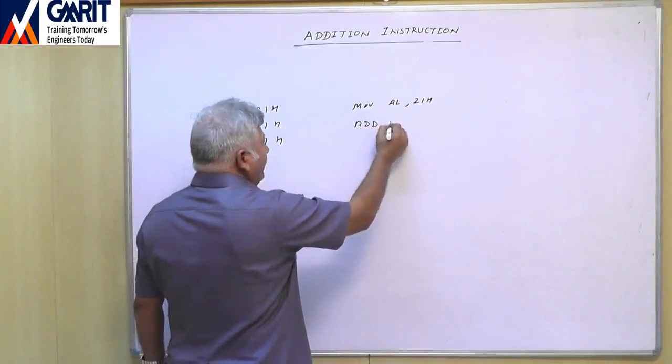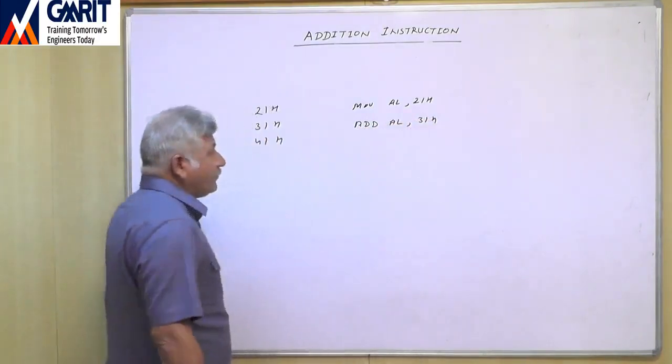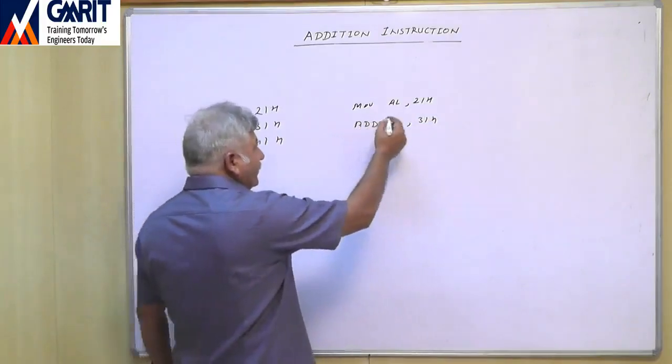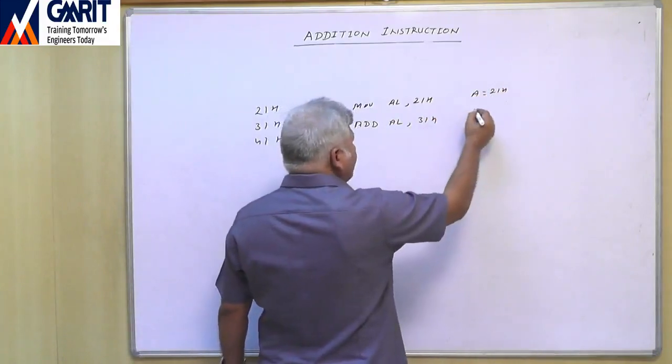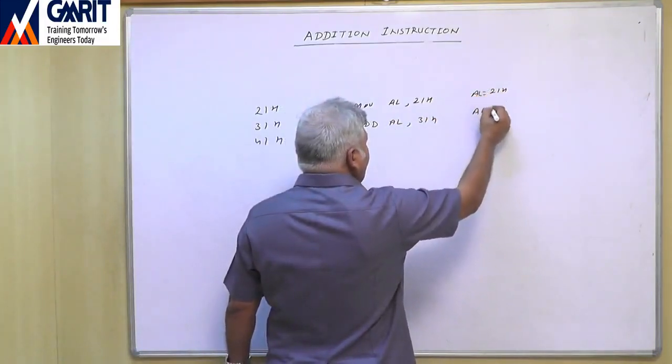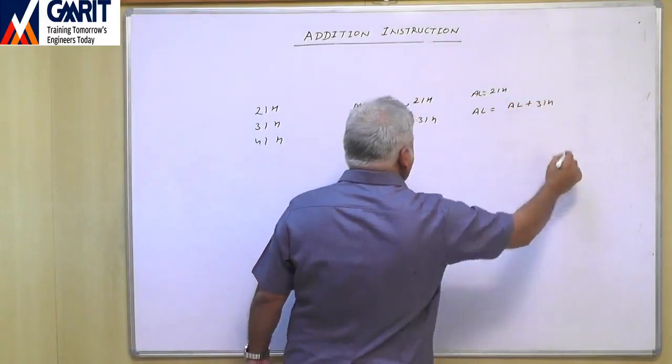After this, add AL with the second number. So with the first instruction, AL will become 21H. With the second instruction, AL will be equal to AL plus 31H, right?